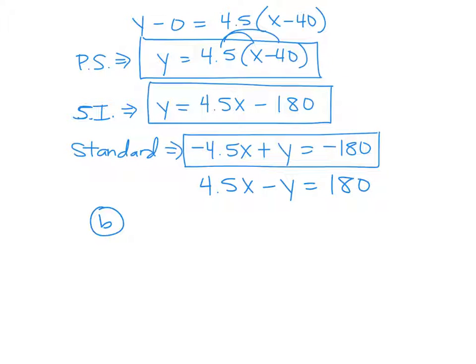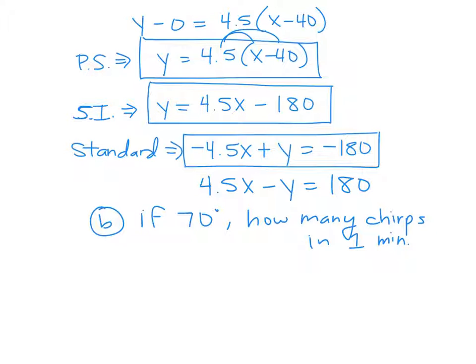Okay, last part of the problem then is if it's 70 degrees, how many chirps in a minute? Which equation makes the most sense to use? Slope intercept would be the easiest one. Now in this one, point slope would be just as easy, really. But normally point slope will have a y minus something, not as easy then. So I would plug it in to that. Is this your x or your y?